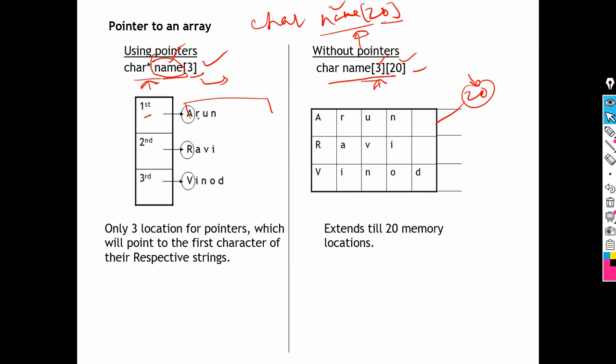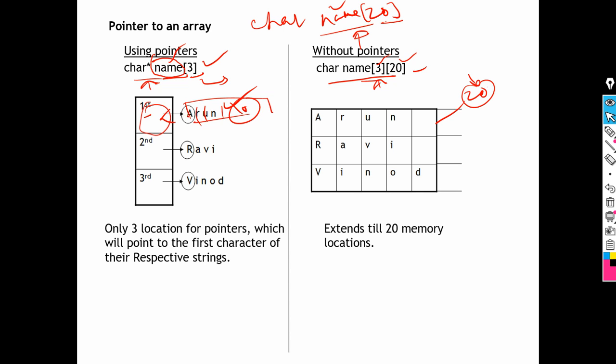The string memory is allocated based on the number of characters that you input during the runtime. If I input only Arun, memory is allocated only for Arun, and the last one is a null character.